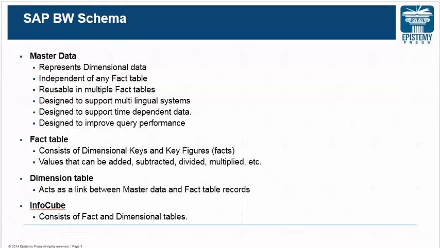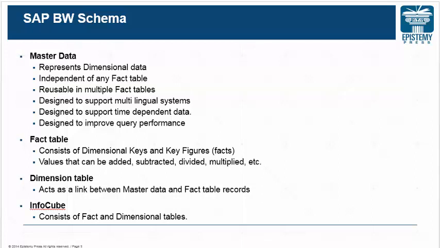The master data is the customer ID, the customer name, the address, and so on. However, the transactional data is the invoices that the customer submitted. And that's why they call it the dimension table. It's the link between the master table and the fact table. It has information from both.